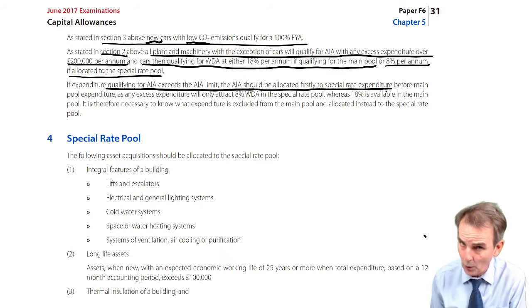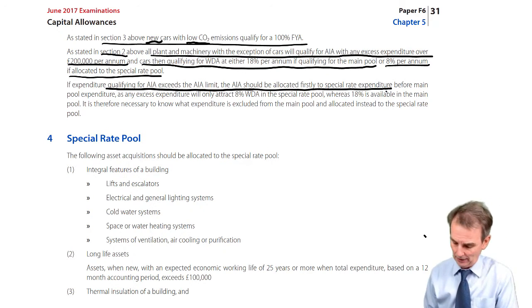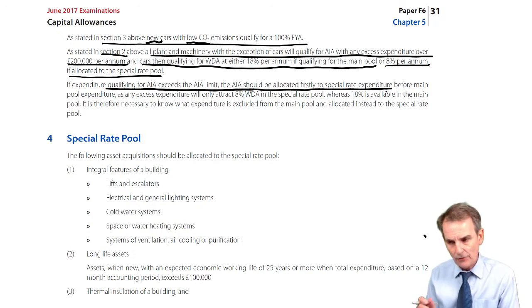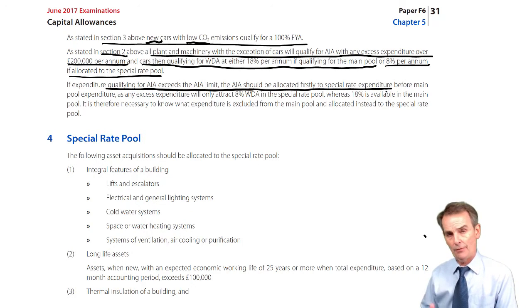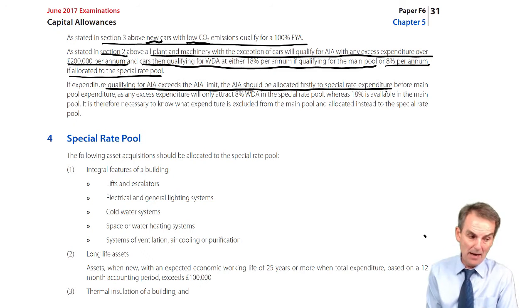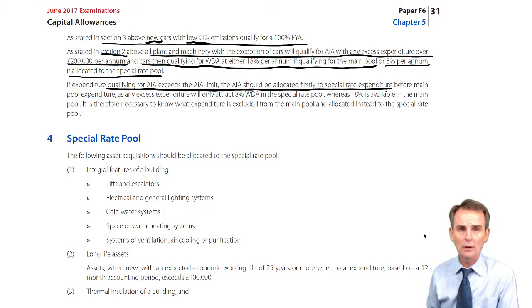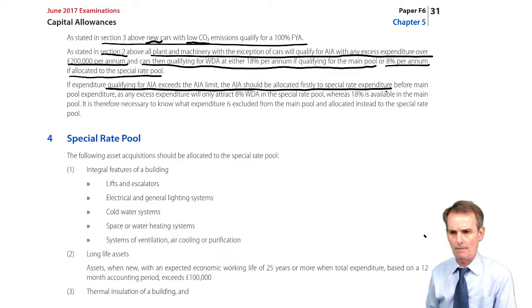Now here's something more interesting from a planning and practical application perspective. If we've got expenditure in the year of £300,000, we've only got our AIA limit of 200,000. But that expenditure of 300,000 may be a mix of expenditure that qualifies for main pool and other expenditure that will be classified as special rate.